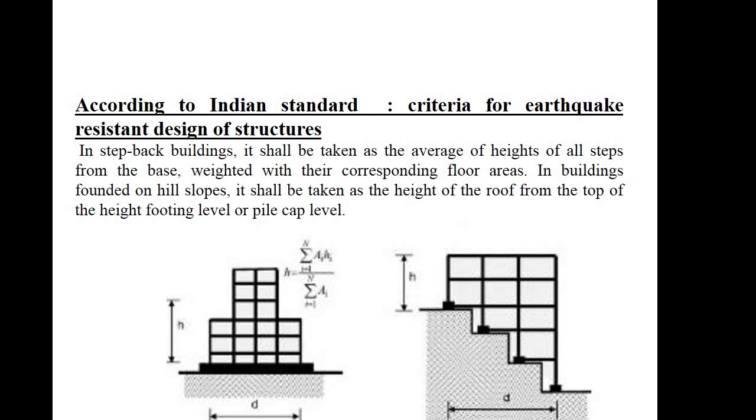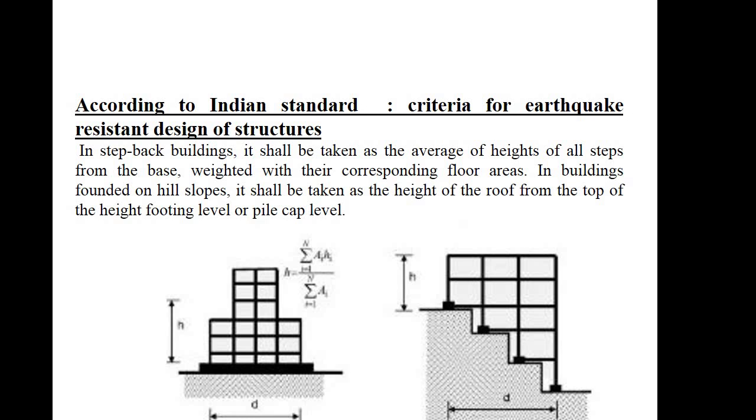As you can see, there is a formula for H, where A is the area of that particular floor and hi means the height of that particular floor. Similarly, you can get all the parameters from the structure itself, and you get the weighted mean height.